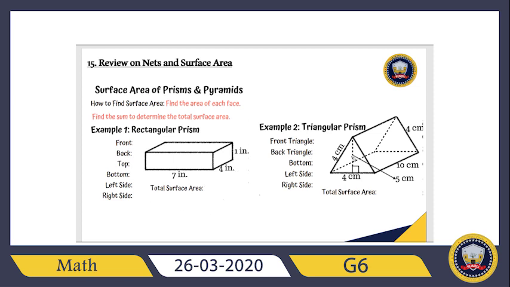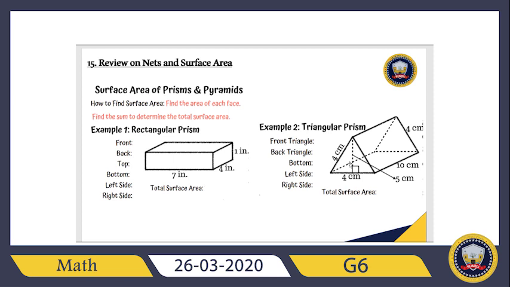Now for the second example, I have a triangular prism. Why is it triangular? Because the prism has 2 bases, one from the front, one from behind. Alright, and the shape of my base is a triangle, so we call this prism a triangular prism. We do the same thing.